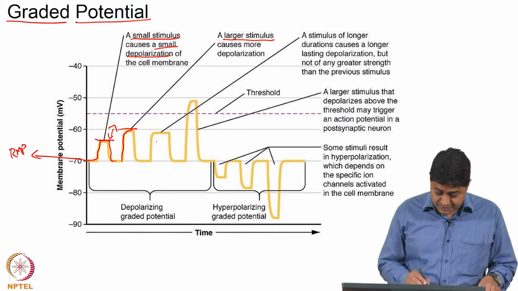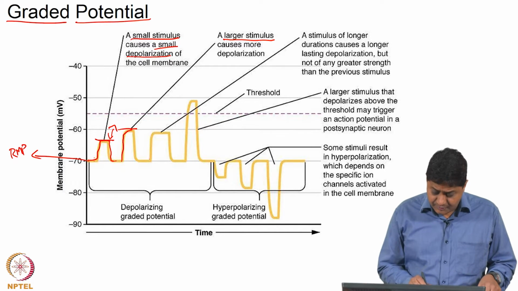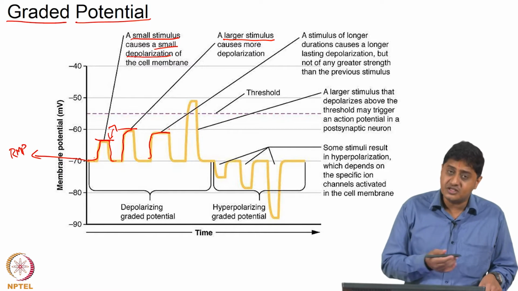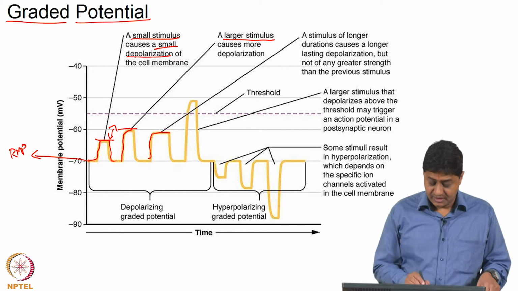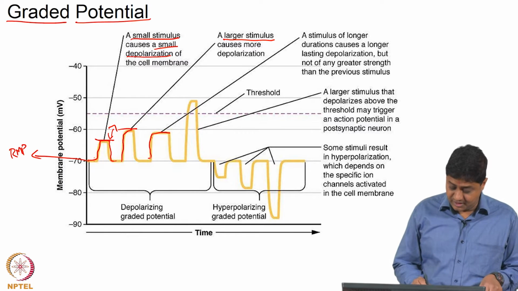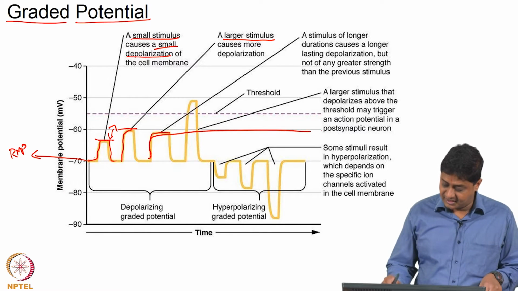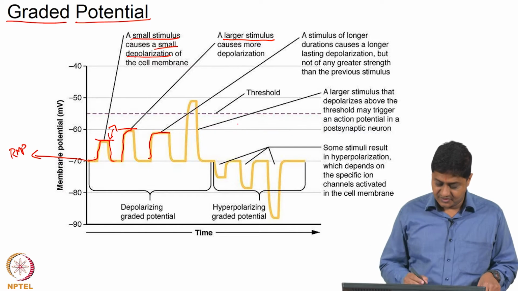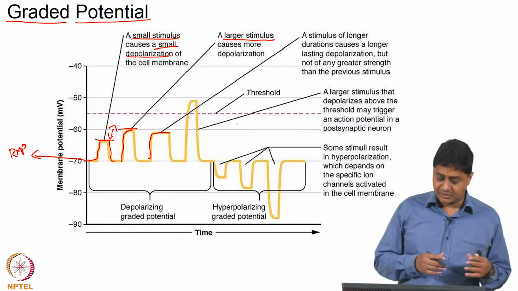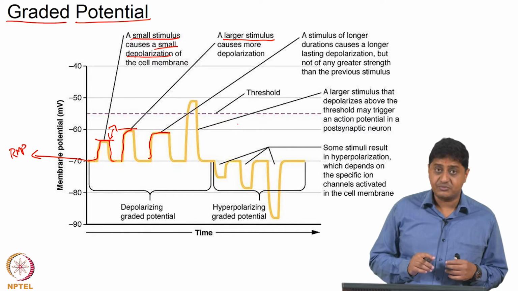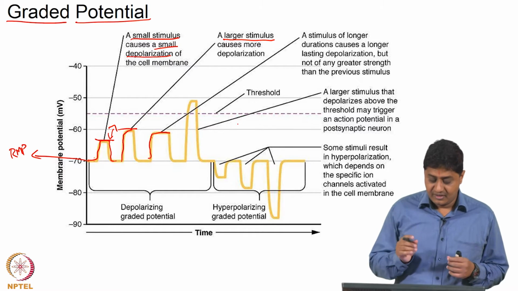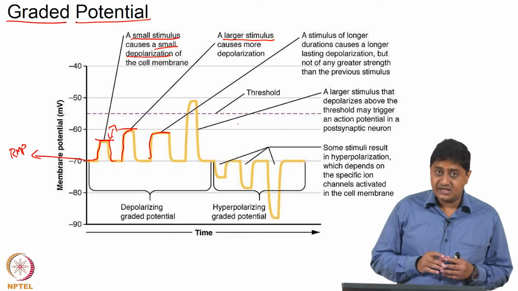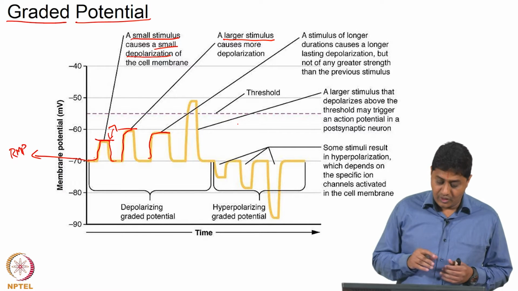And suppose the stimulus lasts for a longer duration, the response also lasts for a longer duration. Sometimes it is possible for the stimulus to last for several seconds, and the response will also last for so many seconds. Contrast this with a topic that we are going to discuss in the future, which is the action potential, that is going to be relatively brief. Graded potentials can last for a relatively long period.